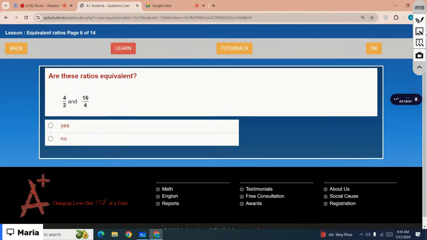Which is the correct option? The correct option is no, they are not equivalent, right? When you cross multiply, their products are not equal. So the correct option is no.